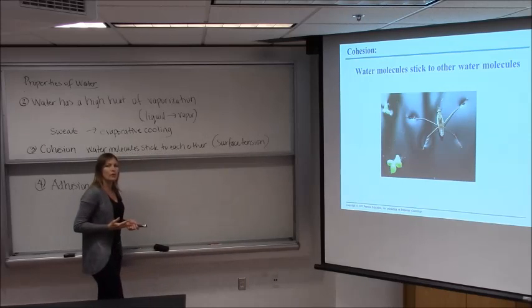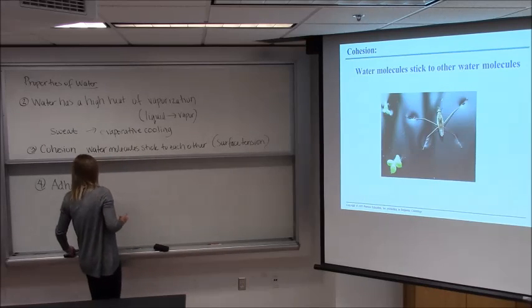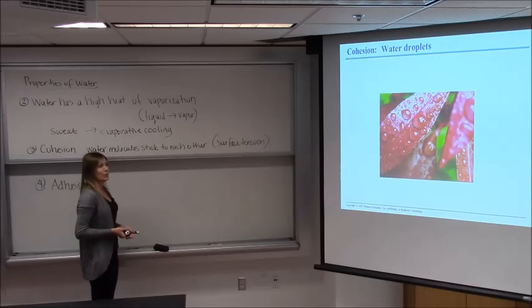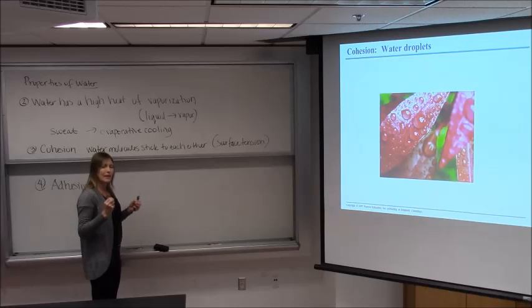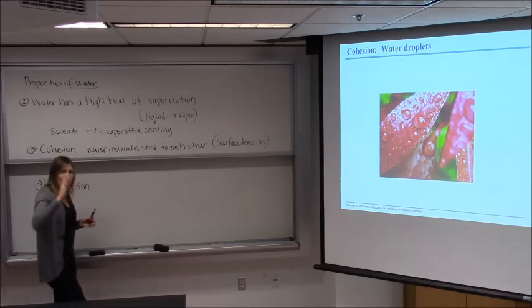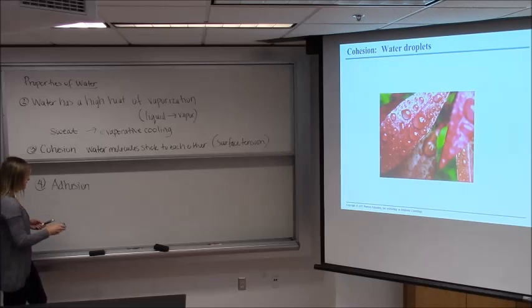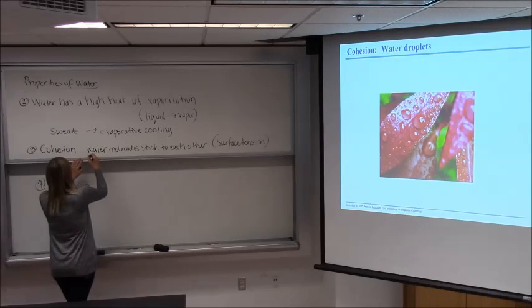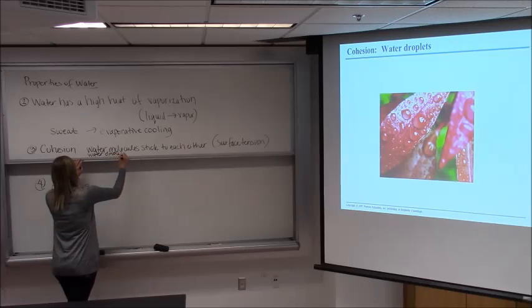So that's kind of cool, but maybe you don't care so much about that. But it's what really creates water droplets. When it rains, that's because of cohesion. The way the water comes out of the sky in droplets, that's because of cohesion. So, very small right here, water droplets.